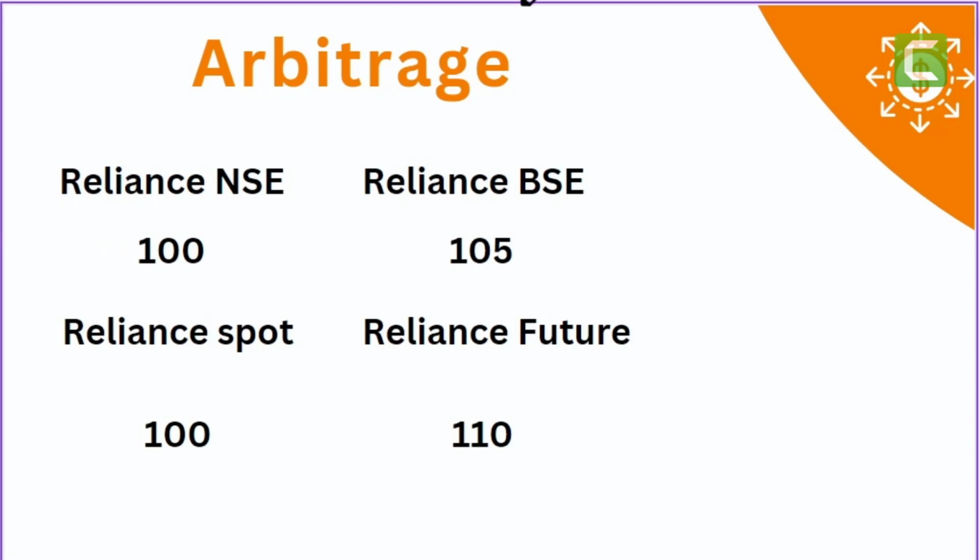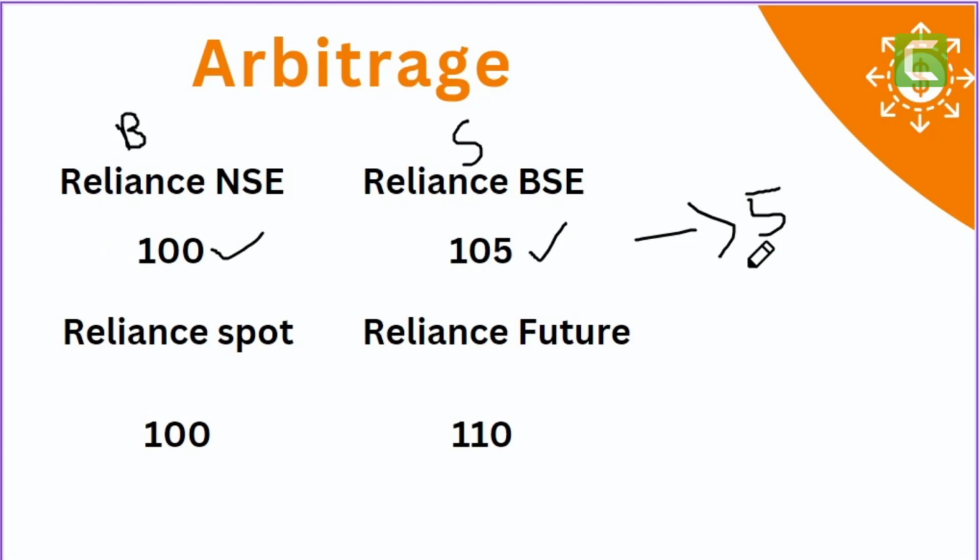Let's say Reliance is trading at 100 rupees on NSE and at 105 on BSE. Immediately you will buy on NSE at 100 rupees and sell at 105 on BSE. Whatever the difference you get will be your profit.